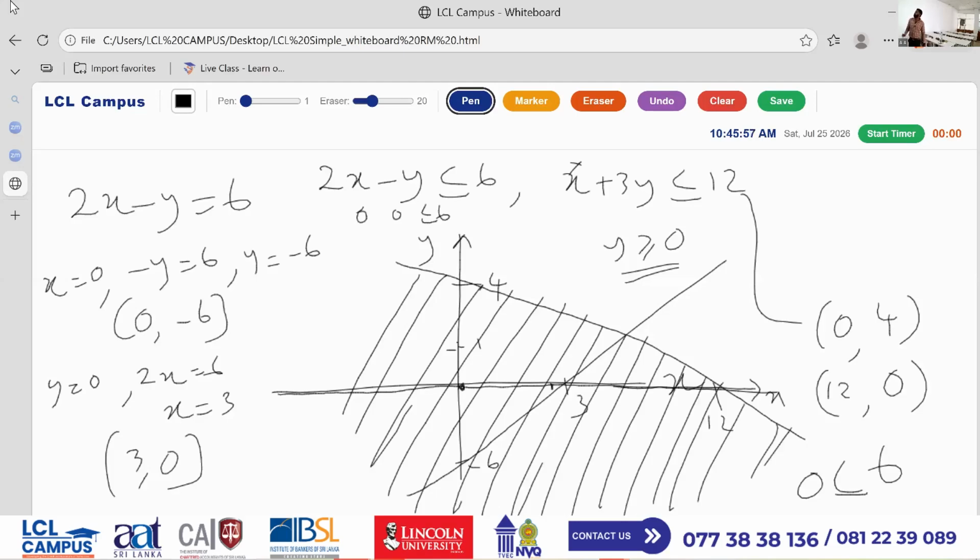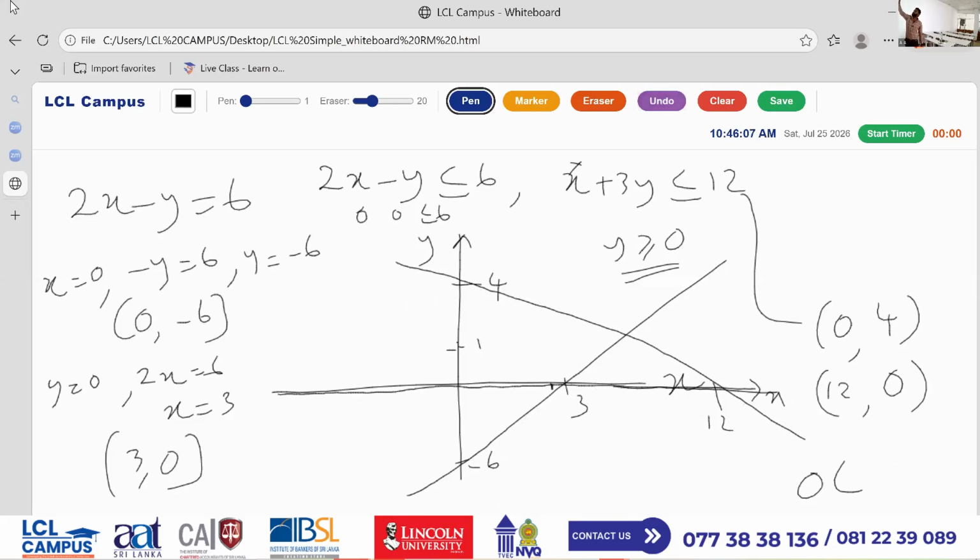Now, this is the other line, no? 2x minus y, this one, no? This line belongs to this inequality. Understood what I said?